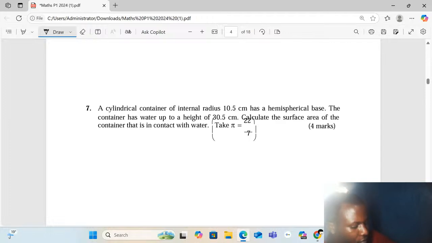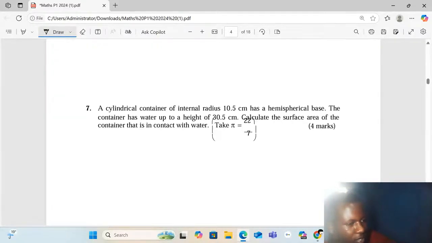Now, this is a cylindrical container having an internal radius of 10.5 and which has a hemispherical base. The container has water up to a height of 30.5 centimeters.